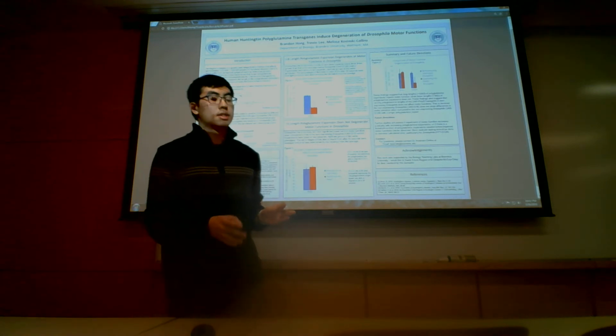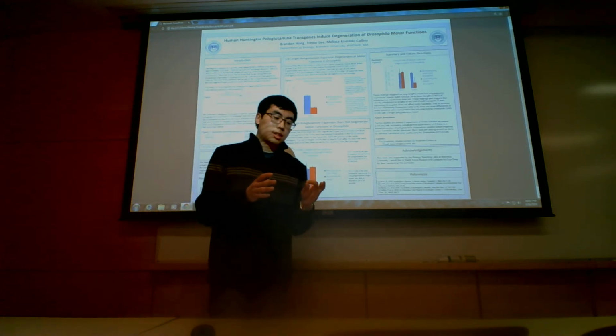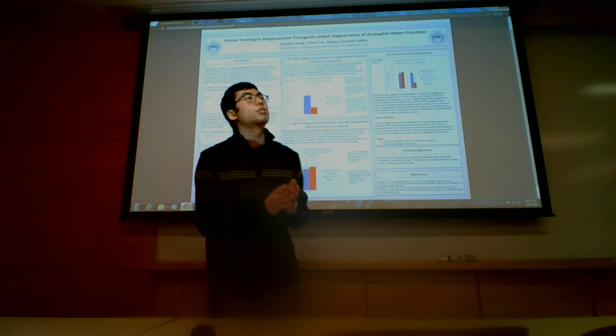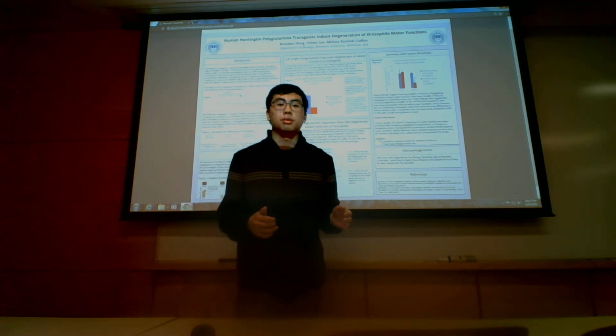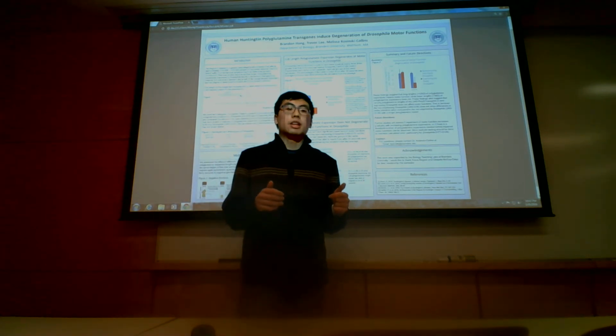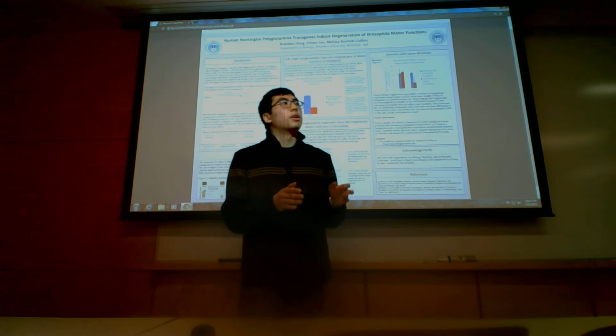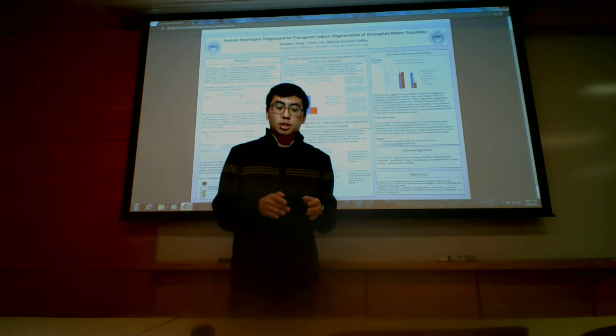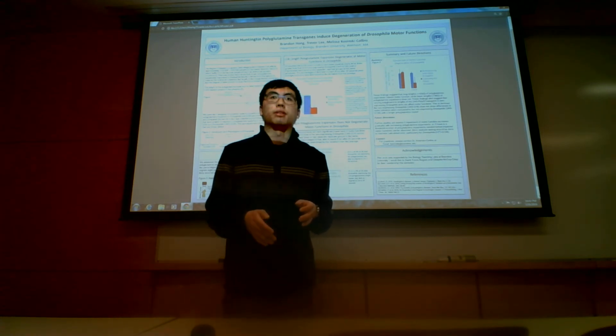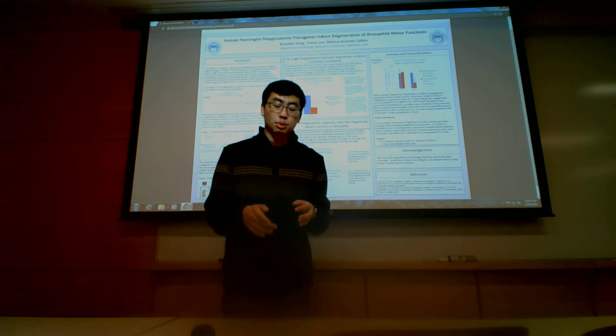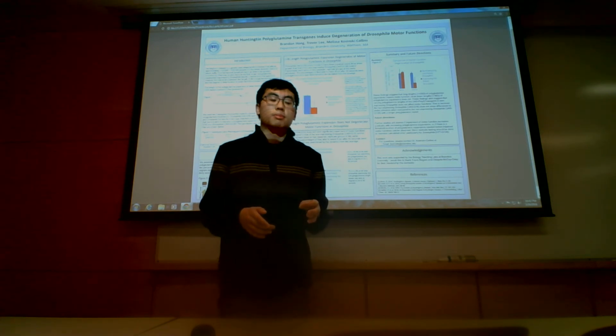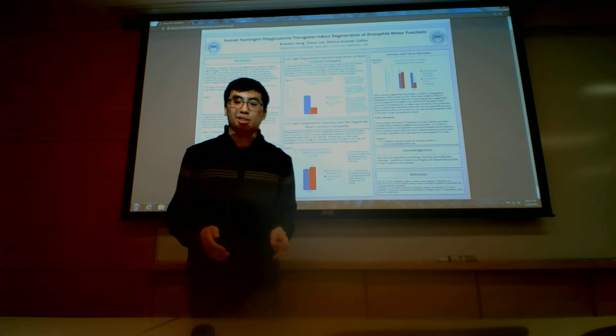However, we would also like to see if the inhibition of motor functions increases gradually with increasing polyQ lengths, or if there's a threshold number where, as soon as you hit it, you will see a dramatic decrease in motor functions.